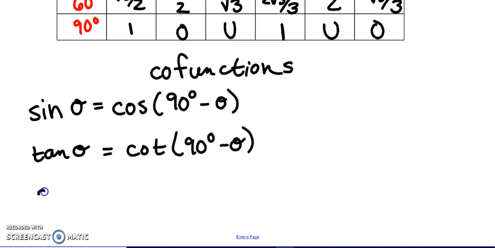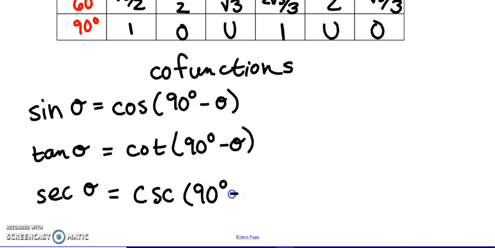As we're writing them down, they really are just saying that sine of theta equals cosine of 90 degrees minus theta, and tangent of theta is equal to cotangent of 90 degrees minus theta. If you want to, you can research why these work, because these always will work.